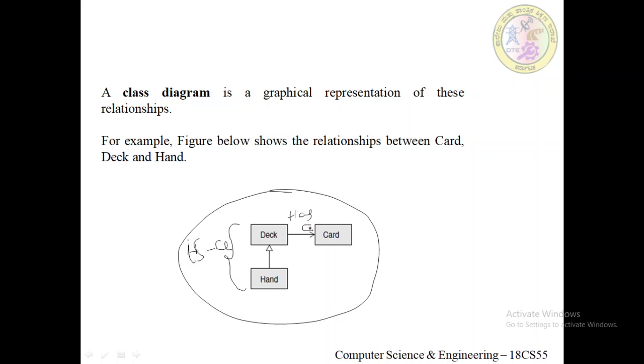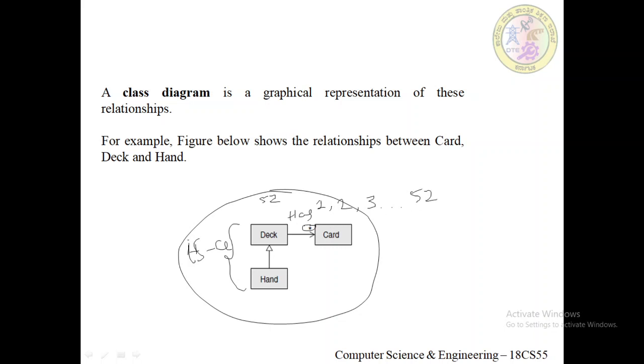And here, the star indicates that it can have one or more objects. For example, we have seen that a deck has 52 cards. I can specify either that the deck has one card object, or two card objects, 3 and so on, up to 52.